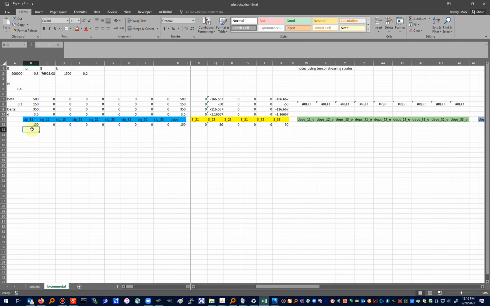So this one down here is going to be this value plus, and we're going to do a dollar sign on the 10. And I should be able to paste that into here.